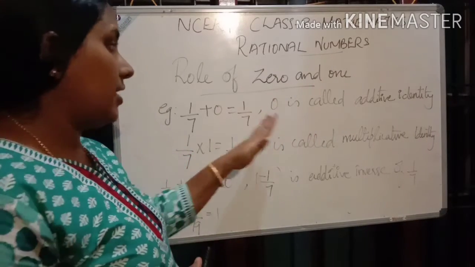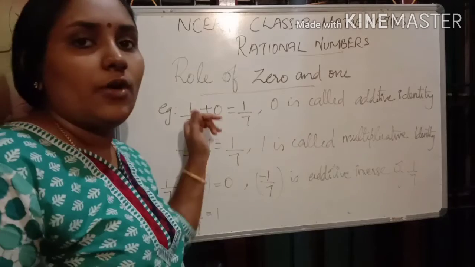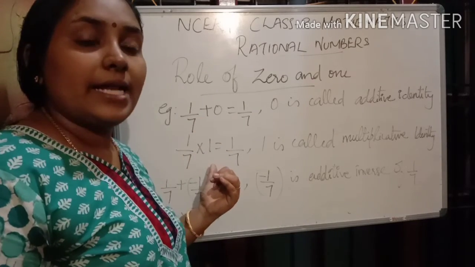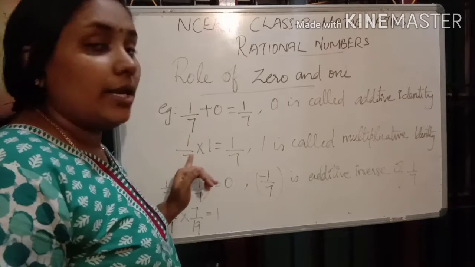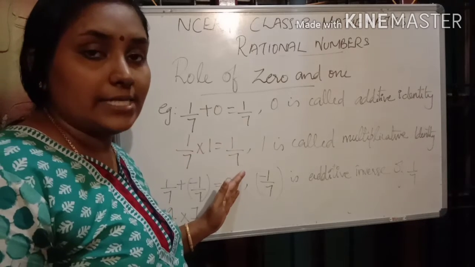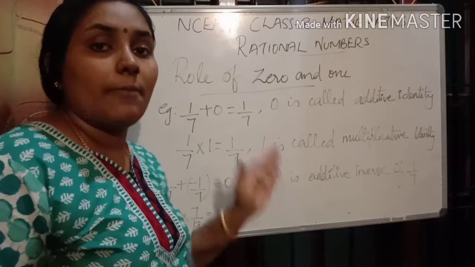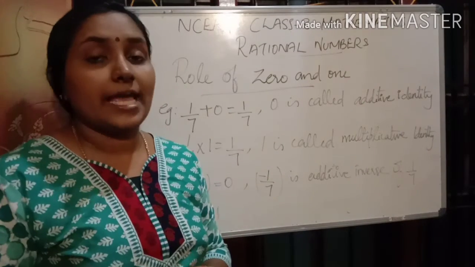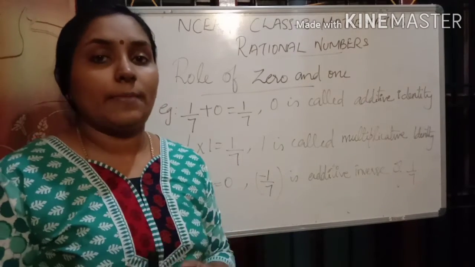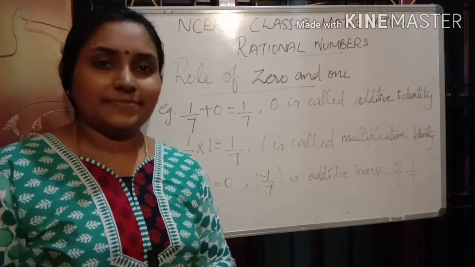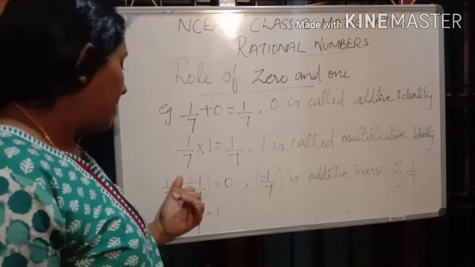Here 0 is the additive identity of 1 by 7. And multiplicative identity: 1 by 7 into 1 will give the same rational number as the answer. Here 1 is called the multiplicative identity of 1 by 7, or we can say that 1 is the multiplicative identity of a rational number. Clear?